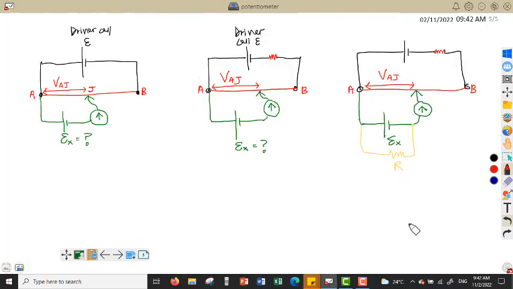Okay, so class, the basic circuit for a potentiometer is basically we connect a driver cell across the wire AB.